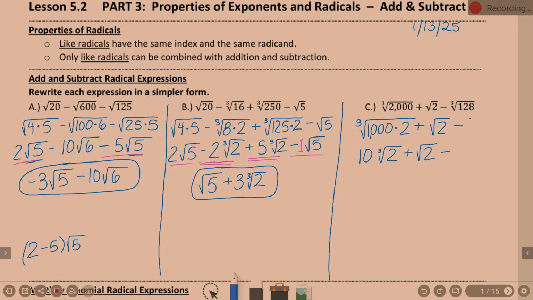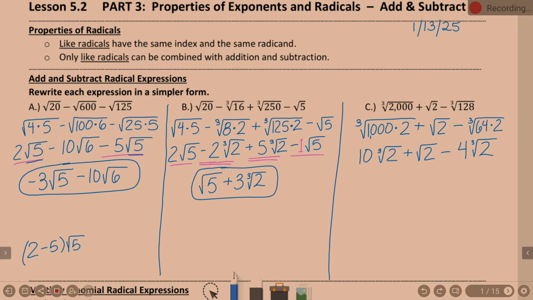So this is going to be the cube root of 64 times what? 2, because 128 divided by 64 is 2. What is the cube root of 64? 4, according to my chart, right? So that's going to be a 4 out front. And then what's the cube root of 2? Cube root of 2. I feel like there's a lot of 2s and 5s on this lesson. All things divisible by 2.